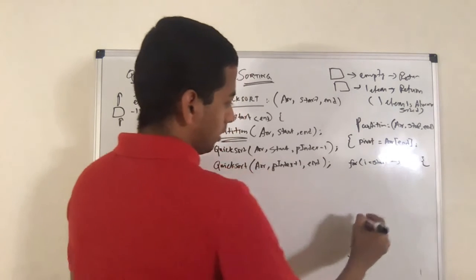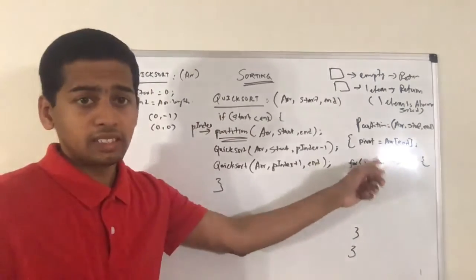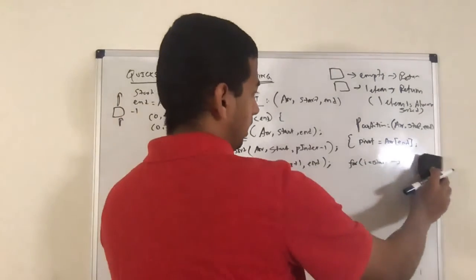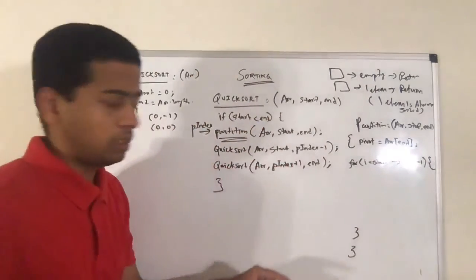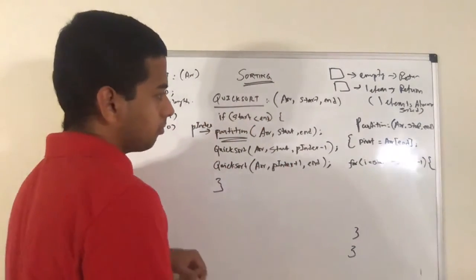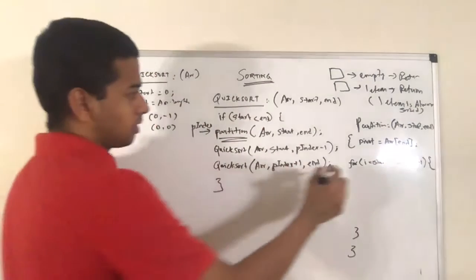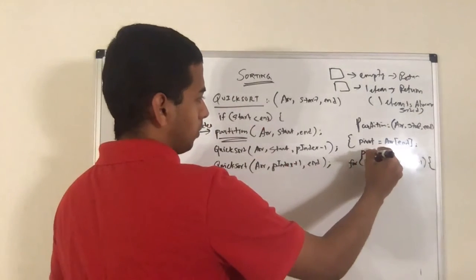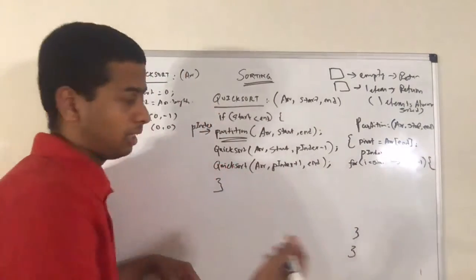I don't have to do it for end because end is the pivot element. I can do it until end minus 1 actually. And I told that I need something called pivot index. So I'm initializing the pivot index equal to start. Initially, I'm keeping the pivot index as start.